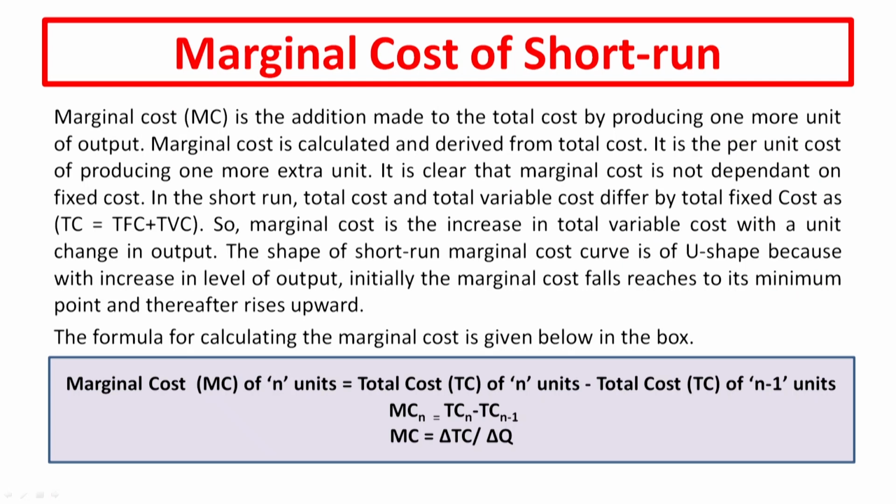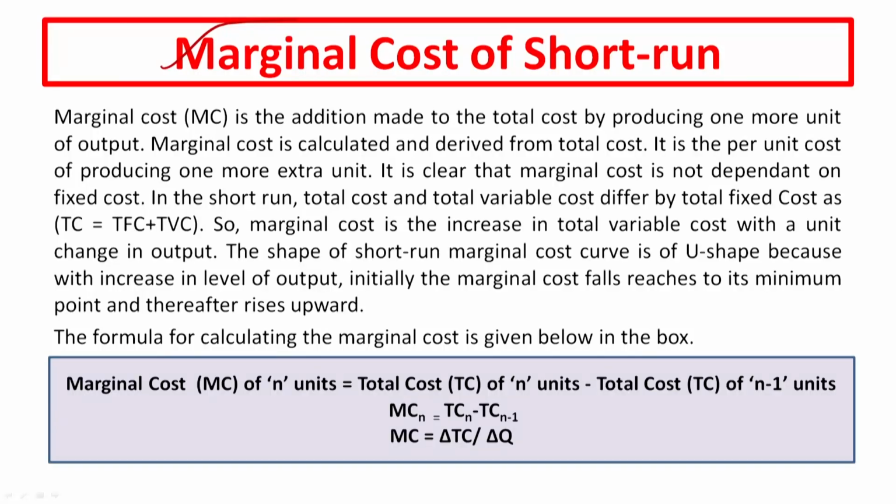Marginal cost. Marginal cost is the addition made to the total cost by producing an extra unit. That means if you are going to increase one level of output, what is the additional cost you will be incurring to produce it?